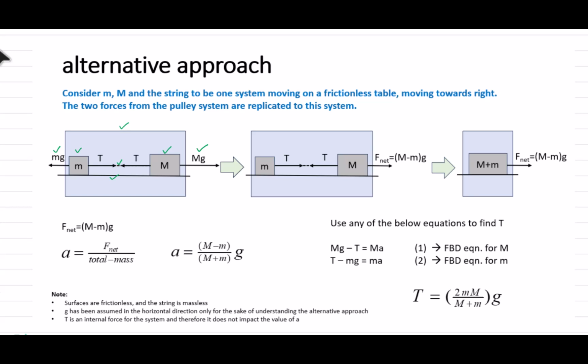So we can simplify this with the second picture as follows. For the same system under consideration, we can arrive at the net external force, which is M minus m times g, and that's a force trying to pull the object.